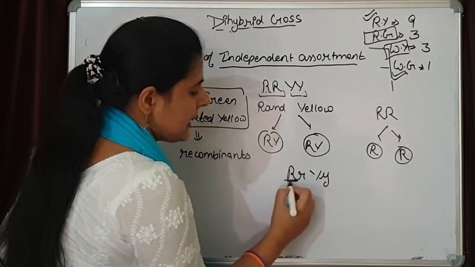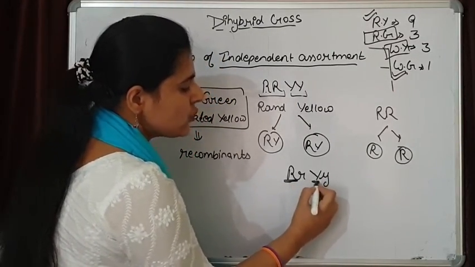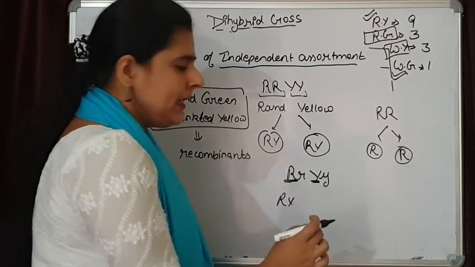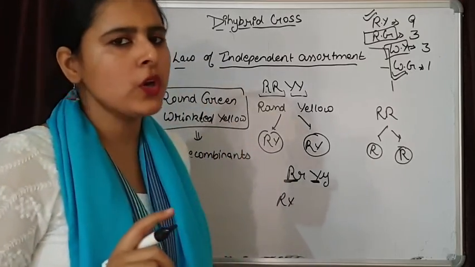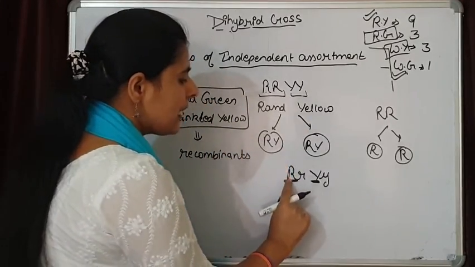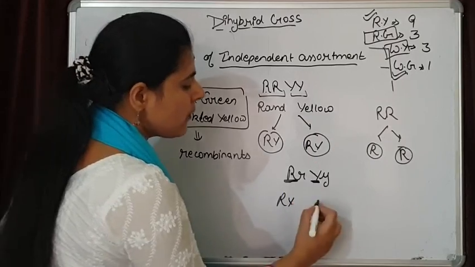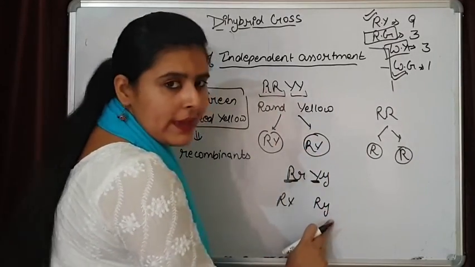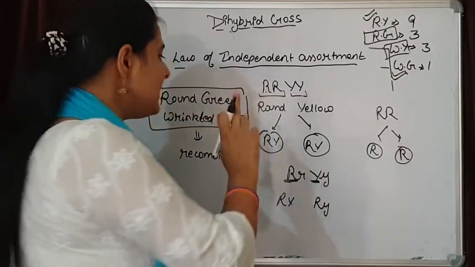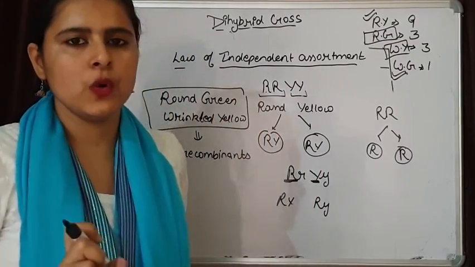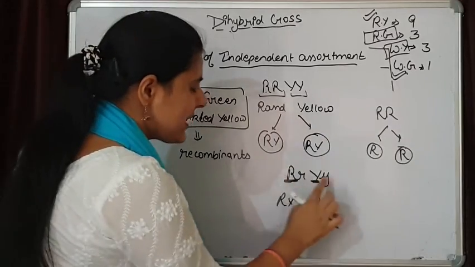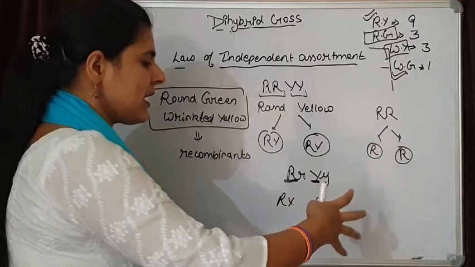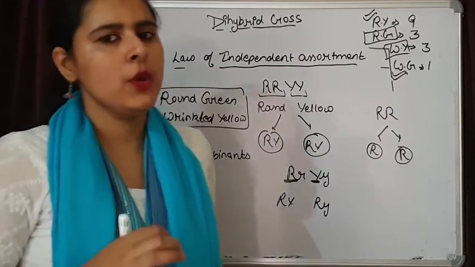If this R were always going to attach with this Y, it is never going to leave this capital Y. That means the new combination would not be possible, because this R can combine with this capital Y, or there is an equal possibility with this small y also. Only then are the new combinations possible here. So they have separated during gamete formation, and because of their separation the new combinations are possible.